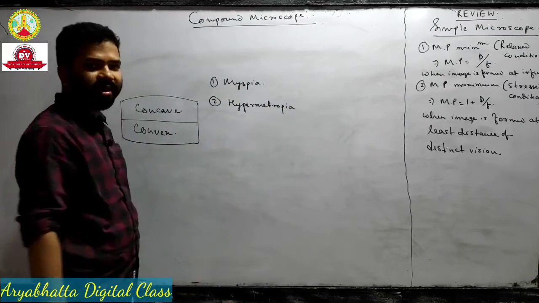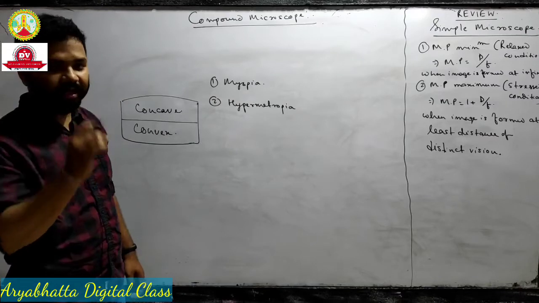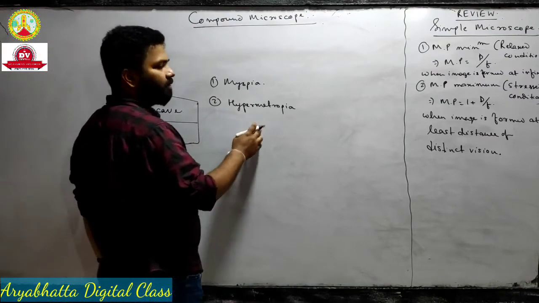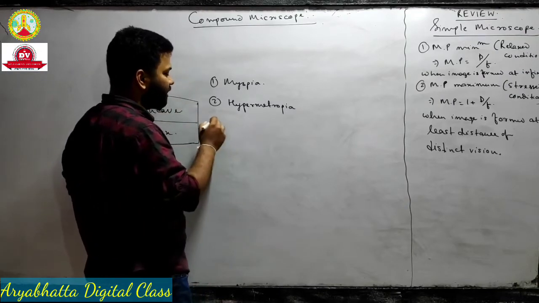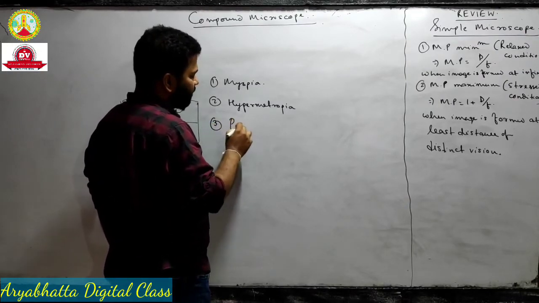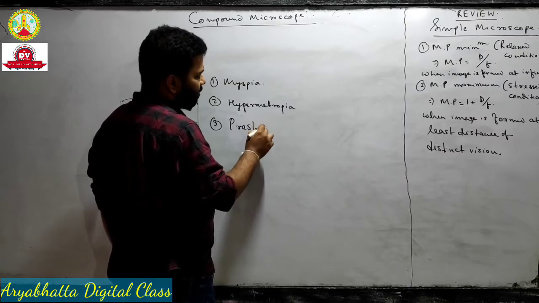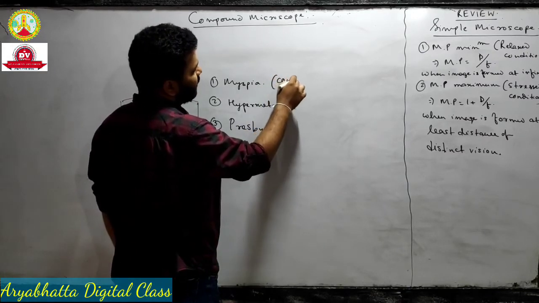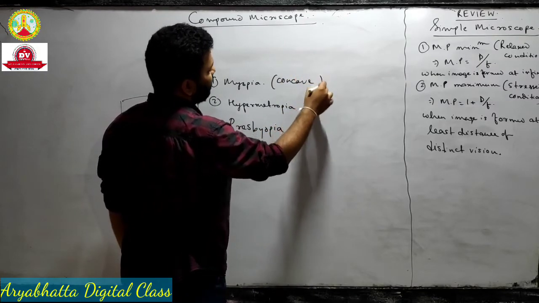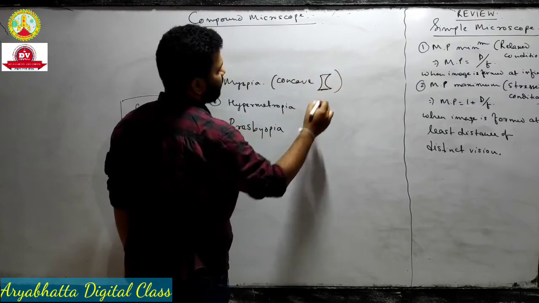Myopia means nearsightedness, that he can see the near object clearly. Hypermetropia, farsightedness, means he can see the object located at a distance clearly. Number 3 is presbyopia, so this can be corrected by using a concave lens, okay? Concave means this one, okay?